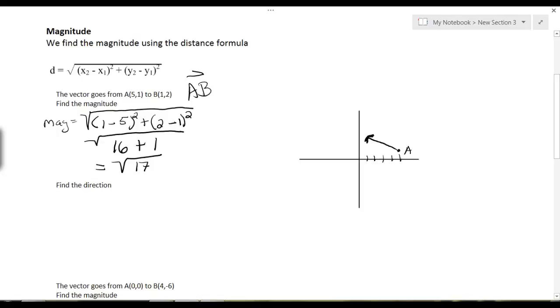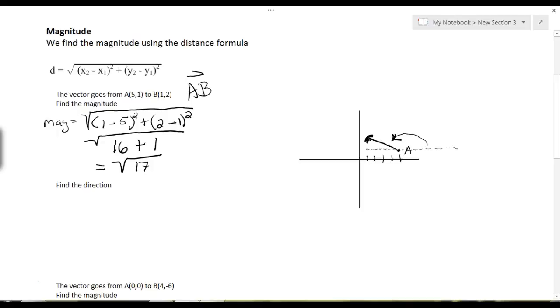It's not quite perfectly drawn. Even though my vector doesn't touch the x-axis, I'm going to draw a horizontal here and see that this is the angle I'm looking for. This angle right here. But whenever I'm finding the direction, I'm always going to end up using tangent.